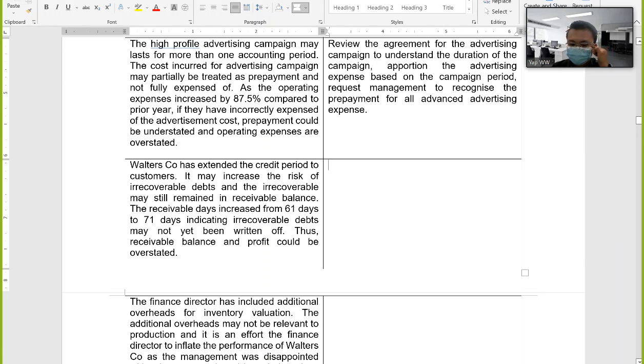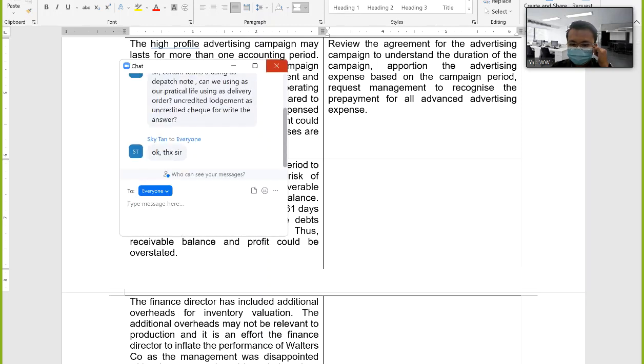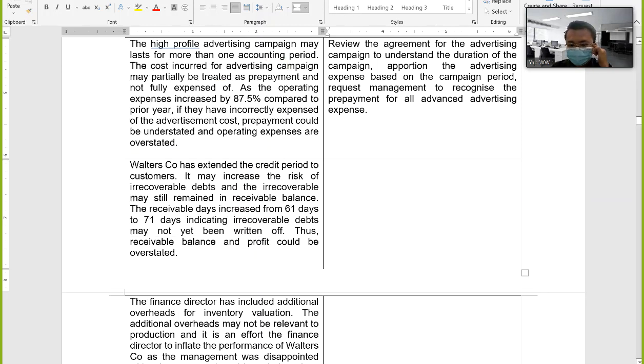Okay. So this part is irrecoverable debts. Regarding the valuation, you can always review the post-year-end collection. But as an auditor response, we use the word extent.